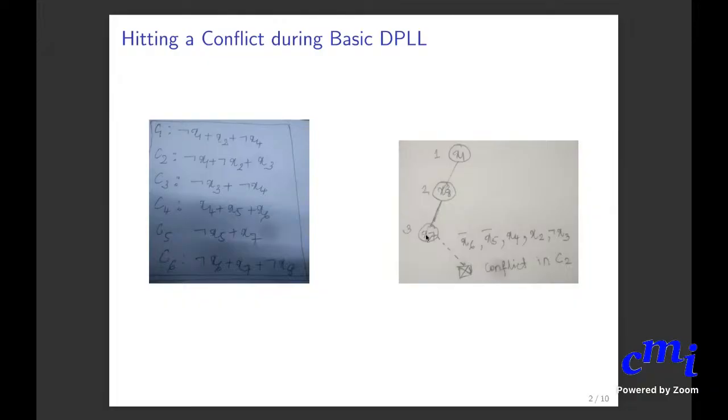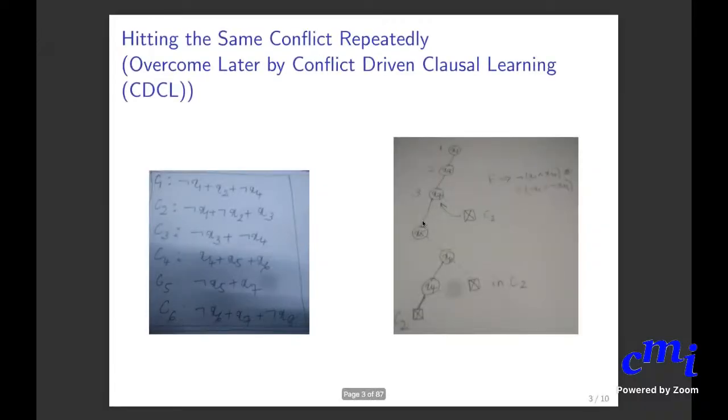This resulted in a conflict, like I showed before. Then you backtrack to the earliest level. Since you know that choosing X7 to be 0 results in a conflict, you have to flip that decision, get X7 to be 1, and then do BCP again.